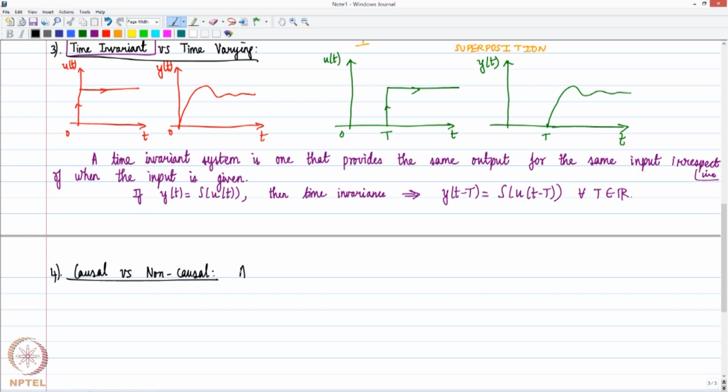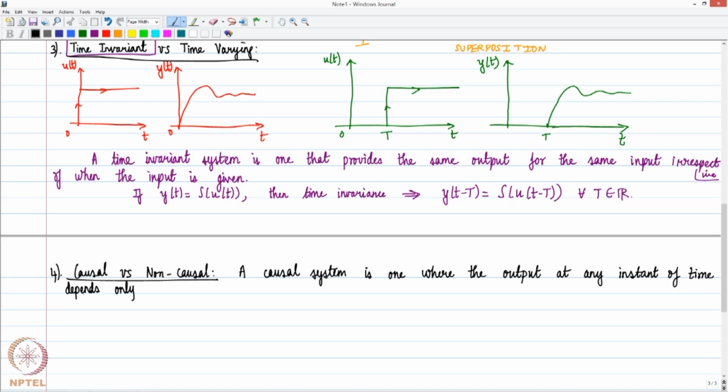A causal system is one where the output at any instant of time depends only on past and current inputs.